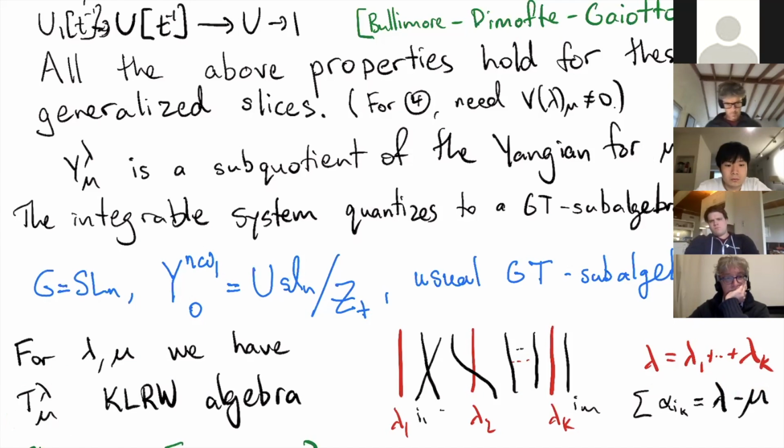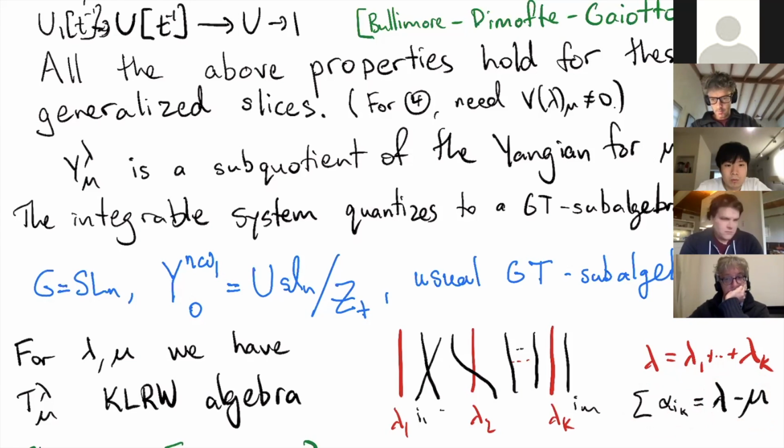Actually, in the actual statement of the theorem, well, okay, I'll come to that in one second. Let's just imagine they're fundamentals for the moment. And then, we have two parameters, lambda and mu. Lambda minus mu is in the positive root cone, so it can be written as a sum of simple roots. So let's call the simple roots appearing there I1 up to IM.